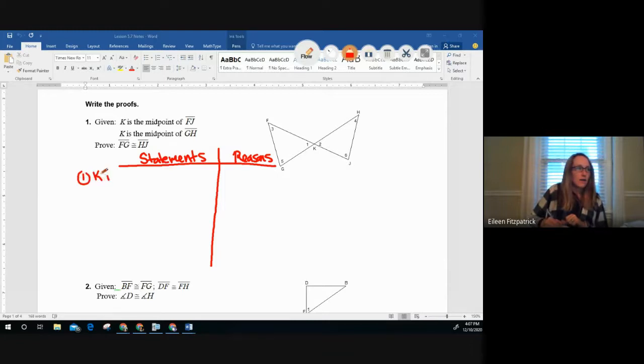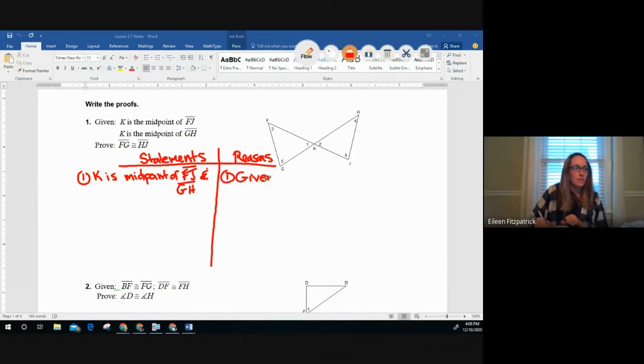So K is the midpoint of FJ and GH. Just trying to take a little bit of a shortcut.